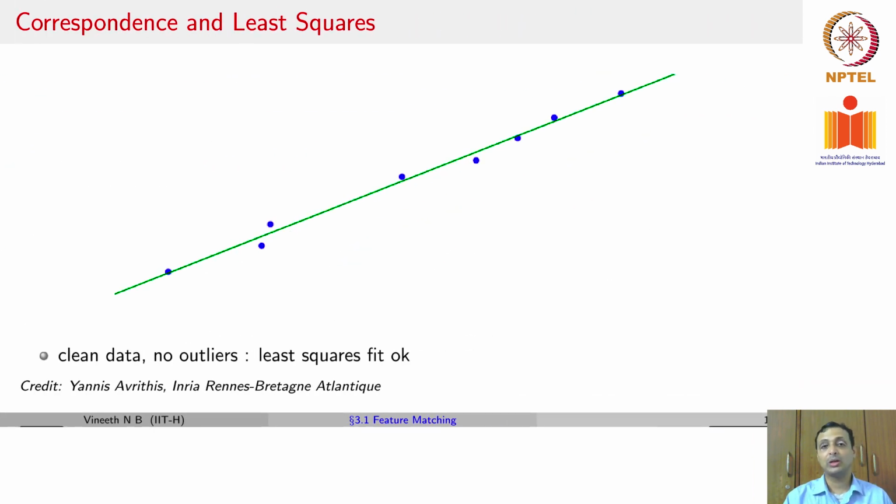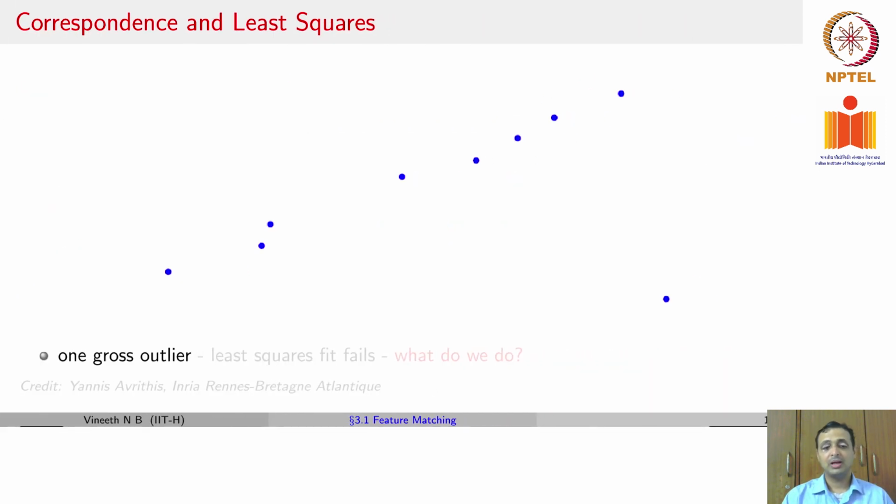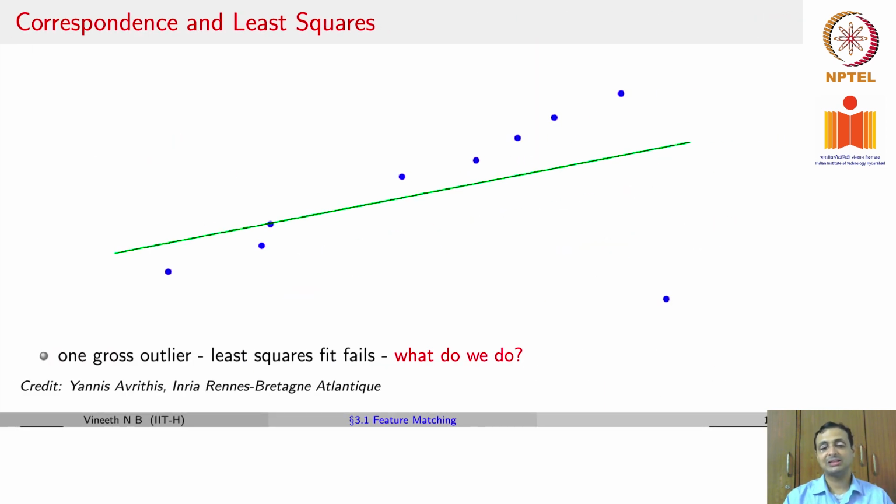The least squares fit would give you a fairly good equation for the line. We're just talking about the transformation in a slightly more abstract sense now, but we'll come back and make it clear how you really estimate the parameters of the transformation. However, if there are outliers in your matches, then the least squares fit fails and gives a very different answer compared to what should have been the right answer.